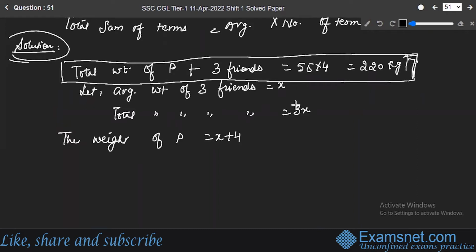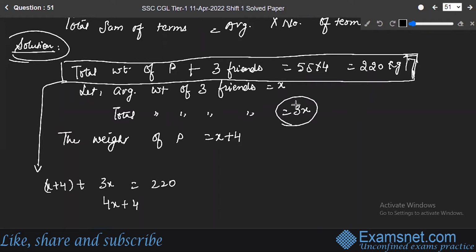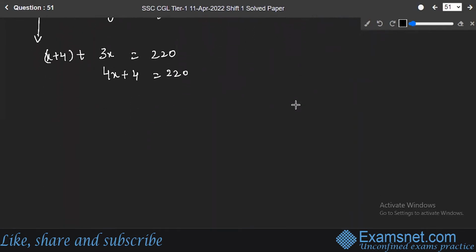The total weight of P will become X plus 4, plus 3 friends. What was the weight of 3 friends? It was 3x, is equal to 220. This gives you 4x plus 4 is equal to 220, which gives you 4x is equal to 216, or x is equal to 216 divided by 4, which is 54.